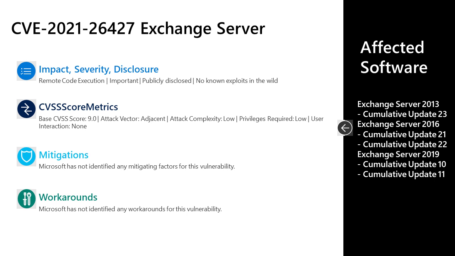The attack vector is adjacent, attack complexity is low, privileges required is low, and user interaction is none. There are no known mitigations or documented workarounds. The affected software is Exchange Server 2013, 2016, and 2019 with their respective cumulative updates. If you have any Exchange servers in your environment, please know there is an update this month to address this important vulnerability.